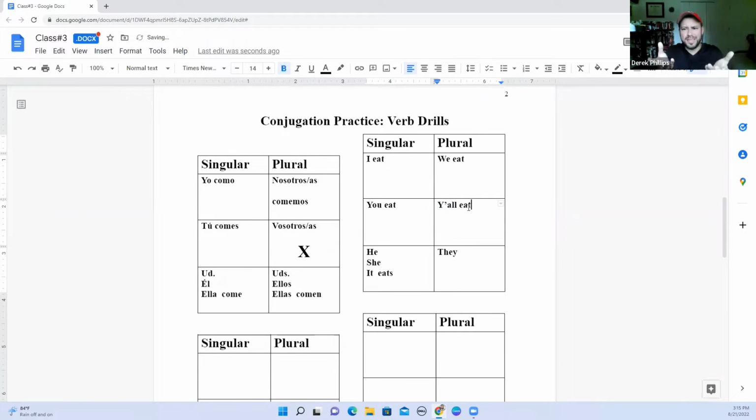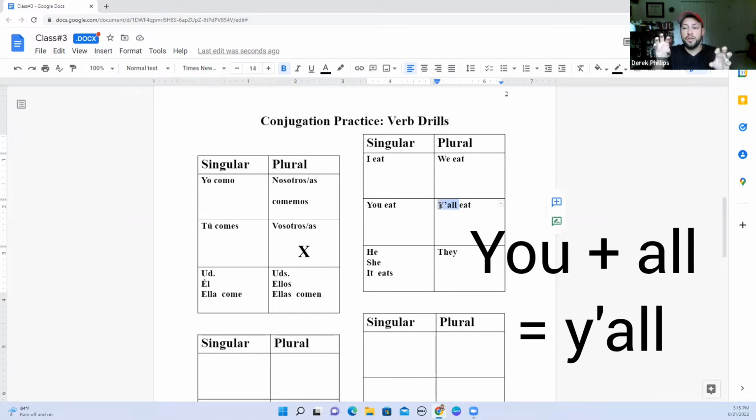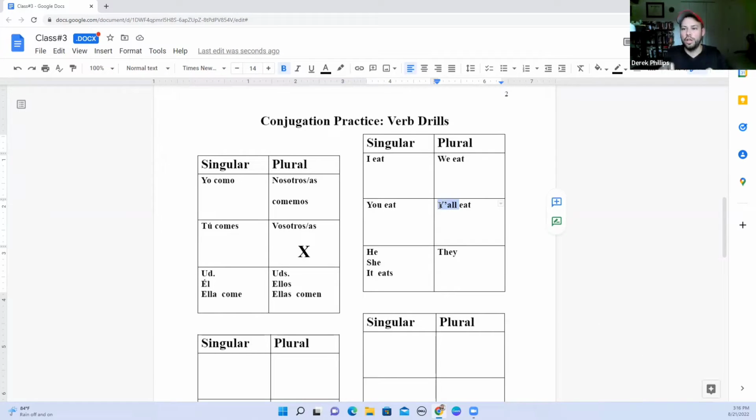Y'all eat pizza, right? So it's a nice way, an informal way to talk to a group of people directly. It's very informal. It actually is a contraction of you all, y'all, todos ustedes, y'all.